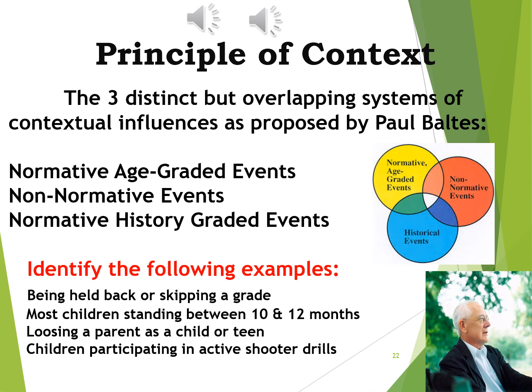Let's examine the principle of context from both these in a little bit more detail. There are three systems of contextual influences. They have no particular order, but let's start with the normative age-graded events, then we'll consider non-normative events, and then normative history-graded events. For the first one, the normative age-graded events, there are things that happen to many individuals of a given culture at a certain age, hence the age-graded.